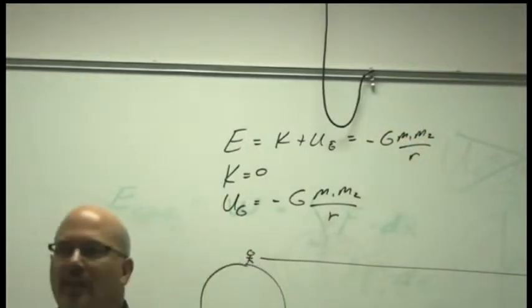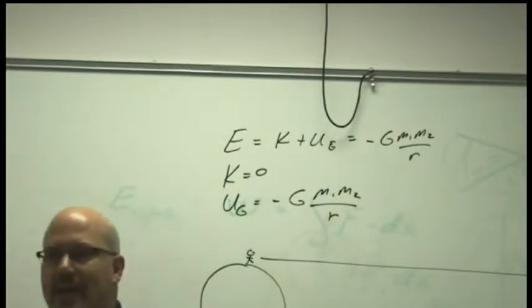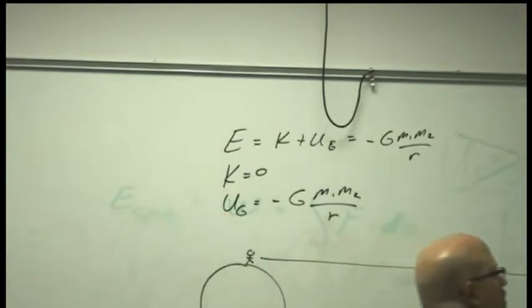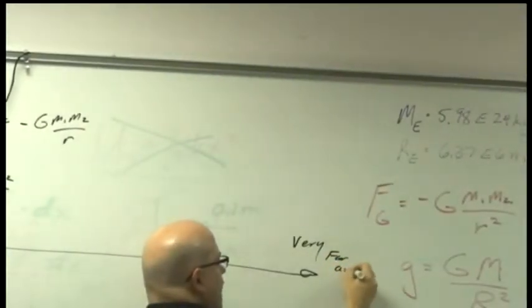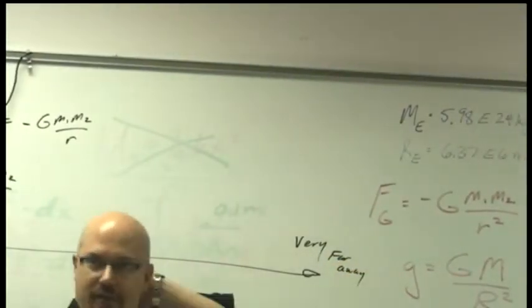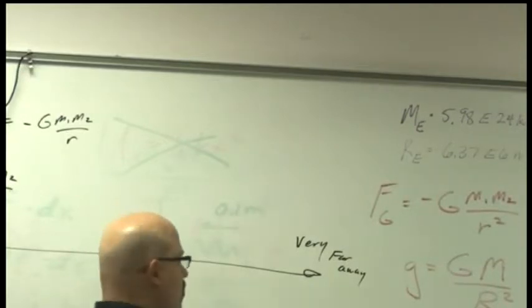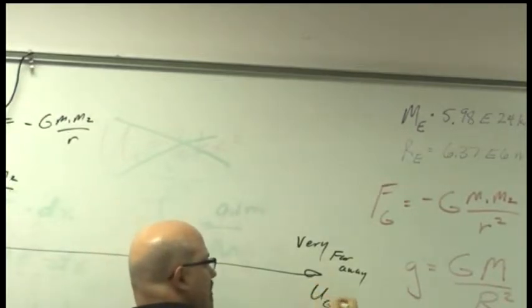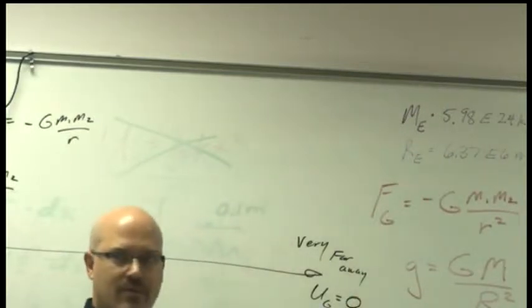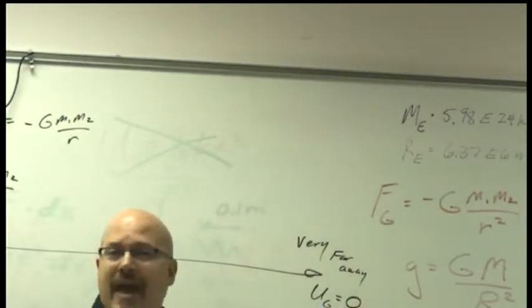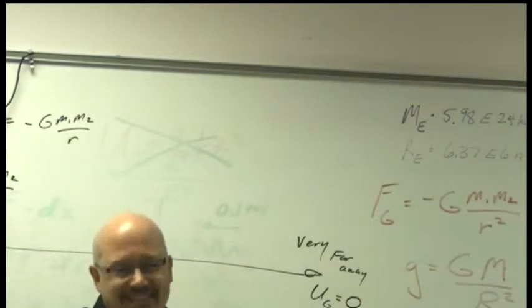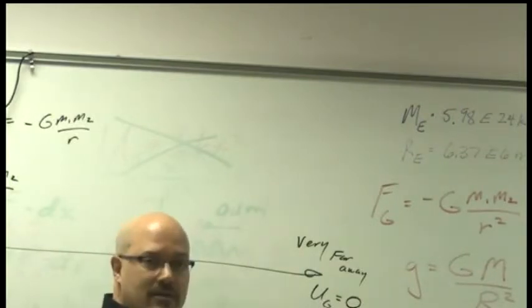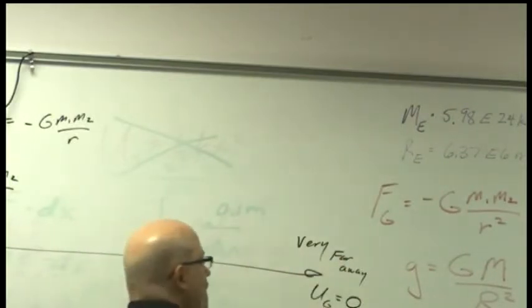And if you want to not come back, where do you want to be? Very far away. When you're very far away, what's your gravitational potential energy? And if you jump with just enough energy to get you there, and nothing extra, your kinetic is zero.